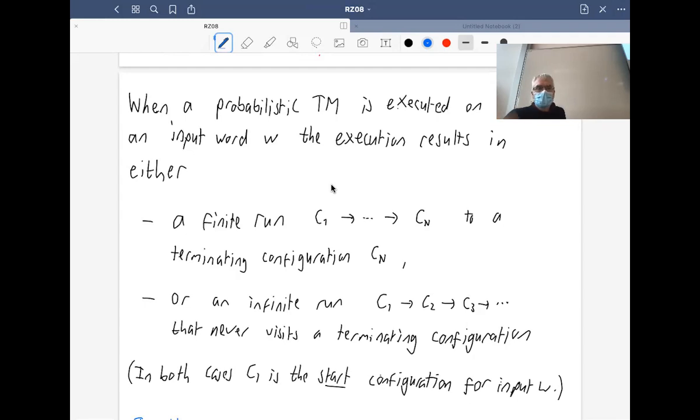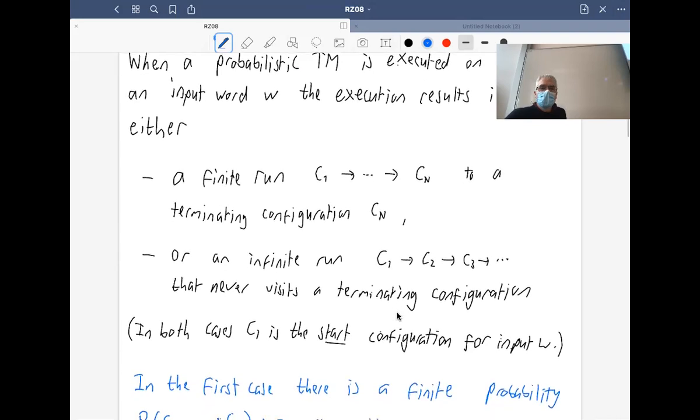Sometimes there may be 3 choices, sometimes 2. But anyway, it'll make its choices, and that'll give us a run of the Turing machine. The run is going to be a sequence of configurations, where we get from each one to the next in a single step of computation. And the run that we get, which is probabilistically generated, will either be finite and ending in a terminating configuration, or it will be infinite. Those are the 2 possibilities for the run.